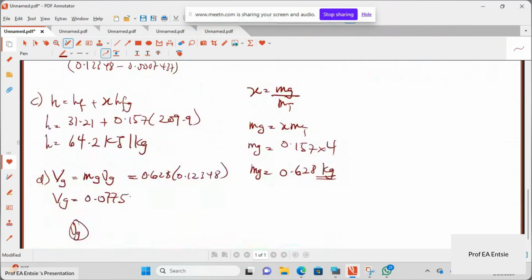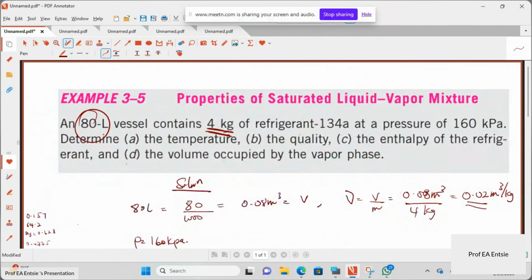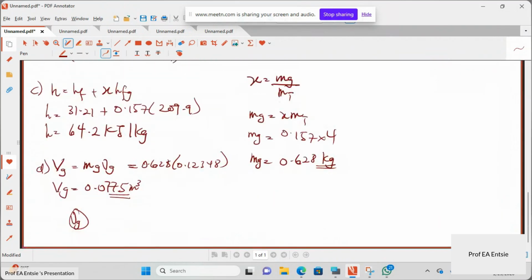And what will be the unit? Meters cube. So if you want it back in liters, because they gave you the volume in liters, multiply that by 1000, and you get 77.5 liters. Then they cheer you up as an engineer. Is that not so?